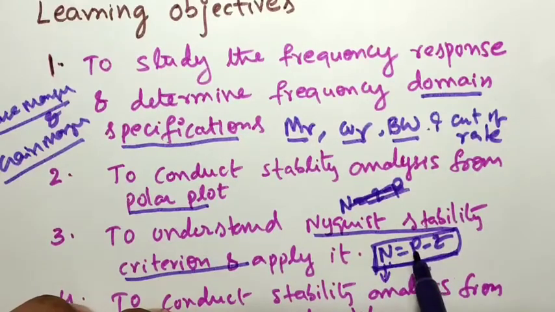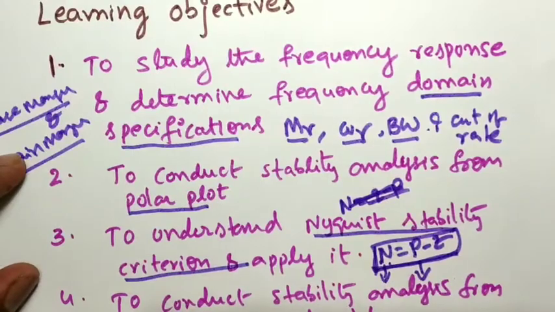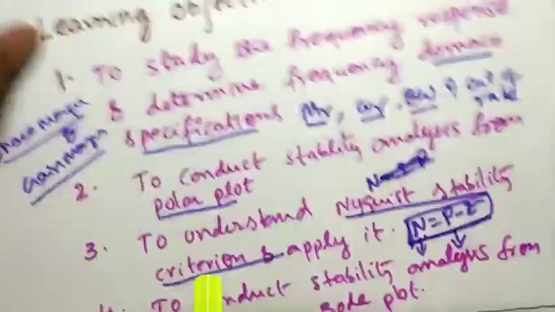If you know the P value and N value, you can find the Z value. Z is the closed loop poles. It will tell how many poles are lying in the left half and how many poles are lying in the right half of the s plane. The fourth one is to conduct the stability analysis from the Bode plot.